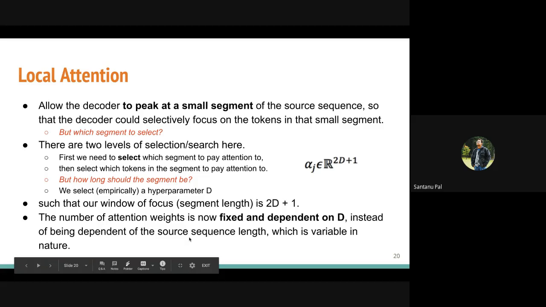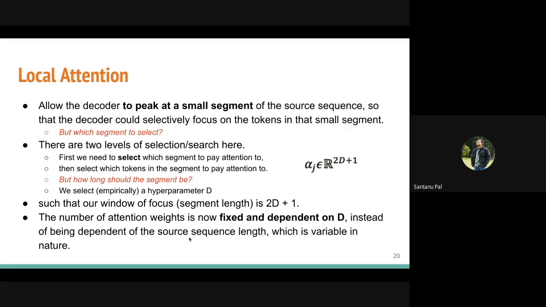The number of attention weights is now fixed and depends on D. Within this window, the attention weights will be calculated, instead of taking the entire source sequence length, which is what we used for global attention or the normal attention mechanism that we have already learned.